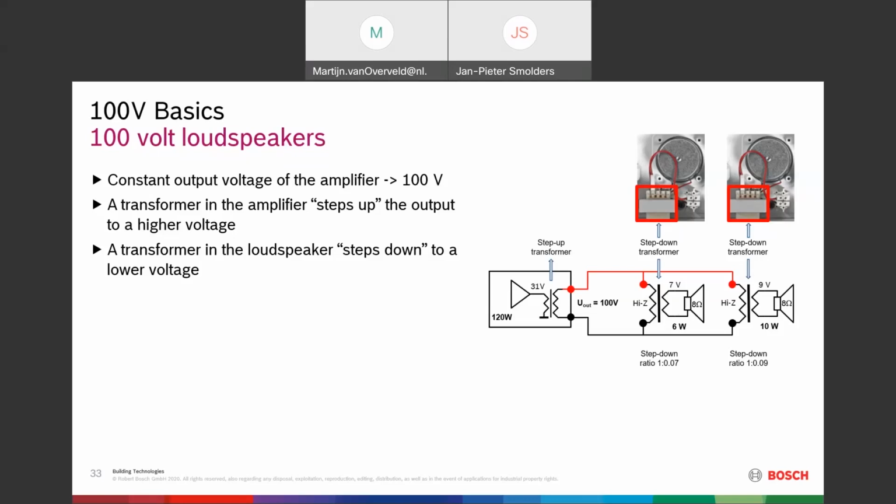For instance, for the 6-watt loudspeaker, you want to transform the 100 volt down to 7 volt, so it has a ratio of 1 to 0.07. And for the 10-watt loudspeaker, you want to transform it down to 9 volt, so you have a step-down ratio of 1 to 0.09. So the size of the transformer depends on the power that the loudspeaker can handle, right?